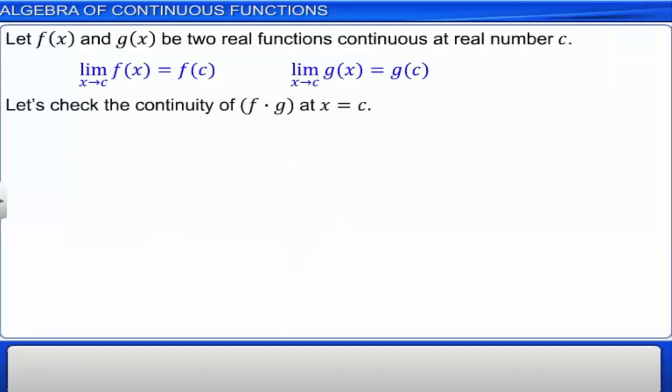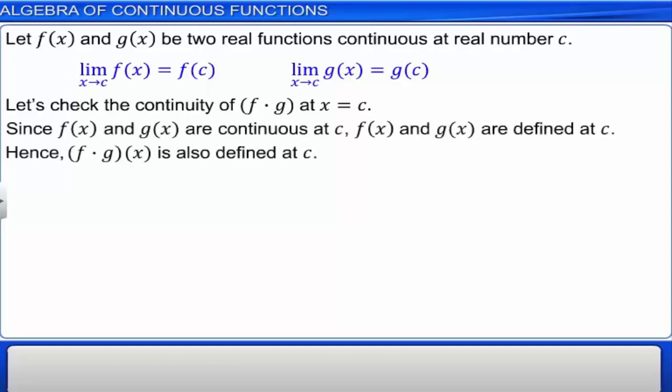Let's now check the continuity of the product of real functions f of x and g of x continuous at real number c. As f of x and g of x are continuous at c, f of x and g of x are defined at c.